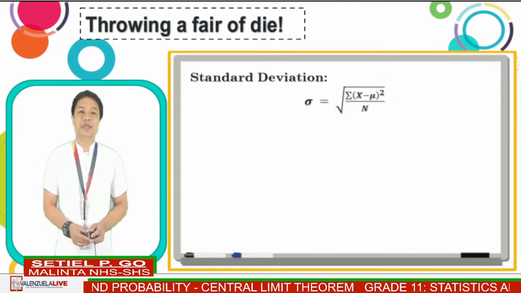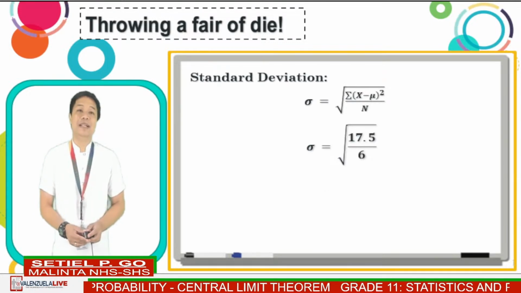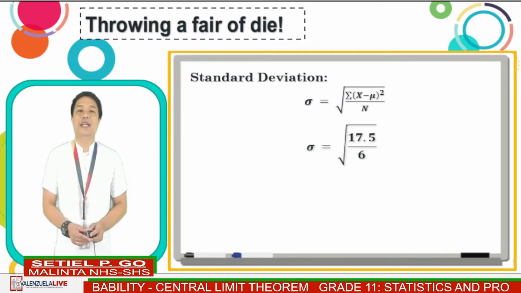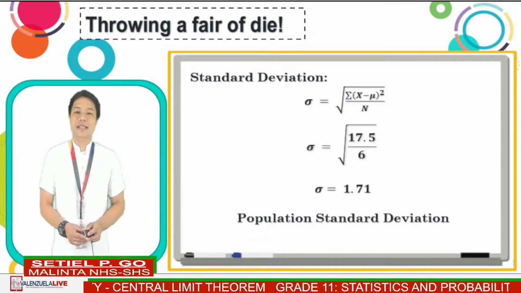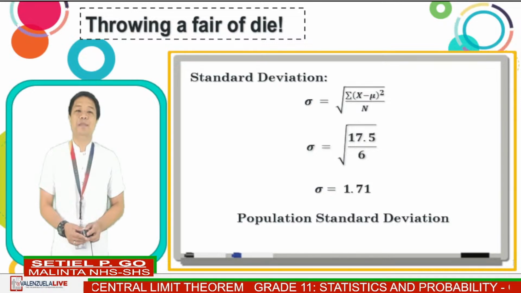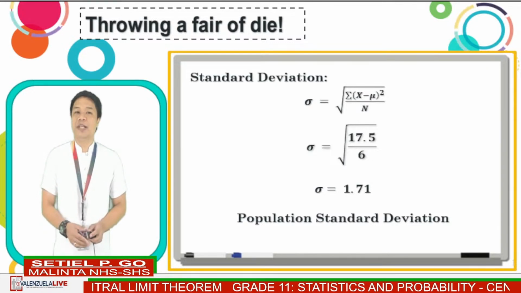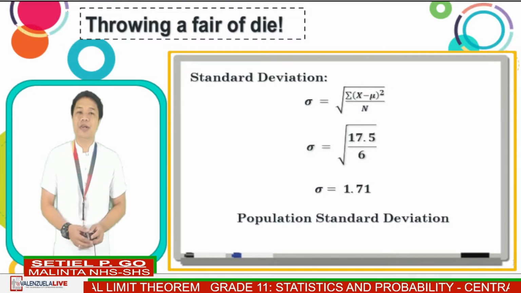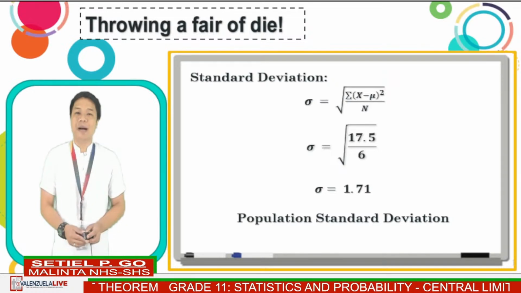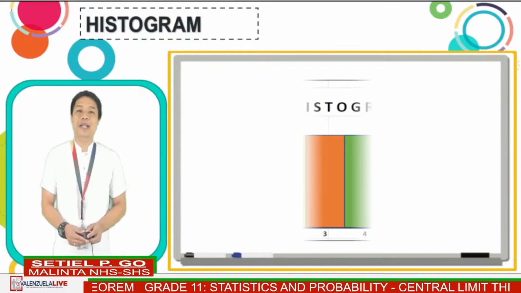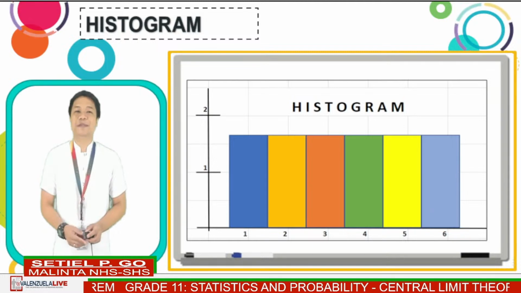Substituting the given data, we have the square root of 17.5 over 6. The result is 1.71. So, therefore, the population standard deviation is 1.71. The histogram of this experiment will look like this.